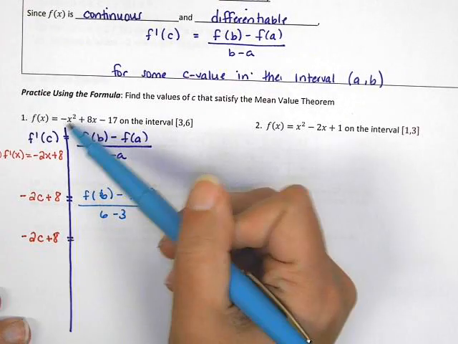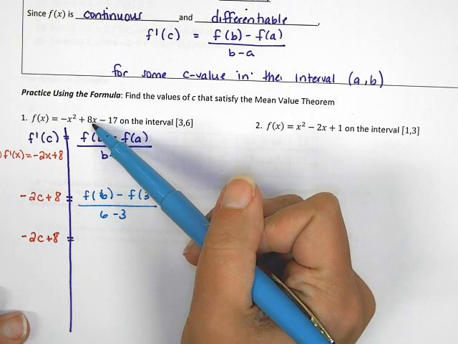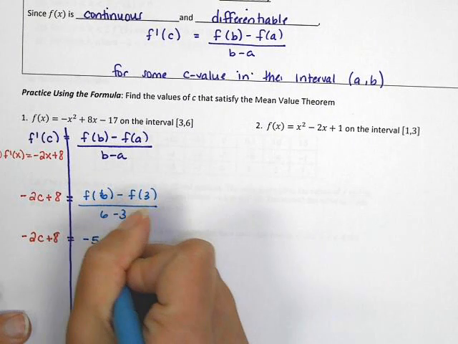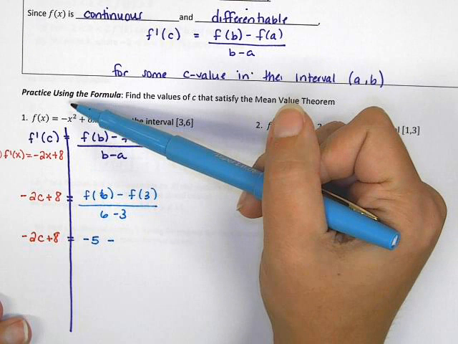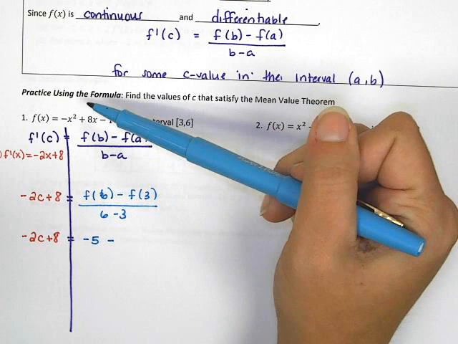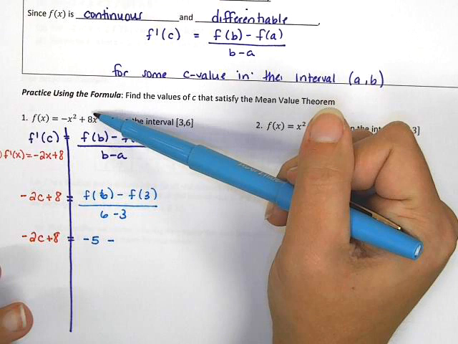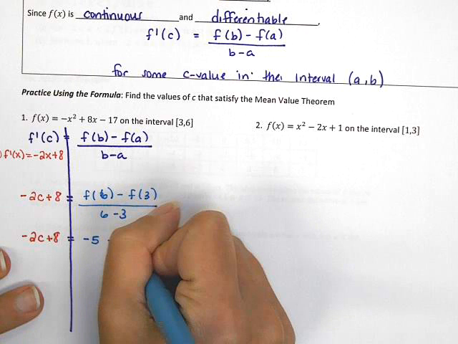So I would have negative 36 plus 48, which is 12, minus 17, which is negative 5. Then I would plug in 3: negative 9 plus 24, which would be 15, minus 17, which would be negative 2.